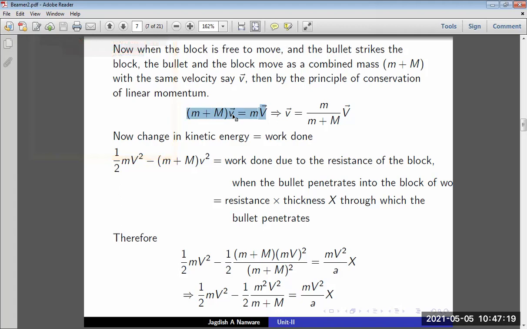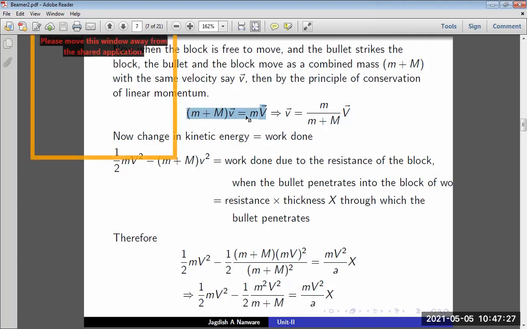This small v is the velocity of the combined body, I mean bullet and block, and this capital V is the velocity of the bullet only. You simplify this further and you can find the velocity of the combined body, bullet and block after the bullet penetrates into the block. So this velocity is given by this formula.